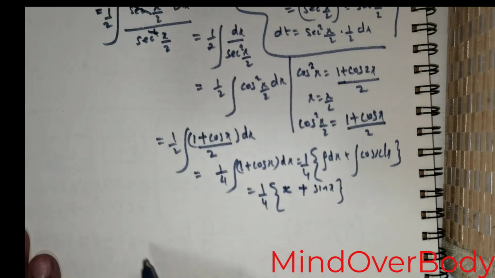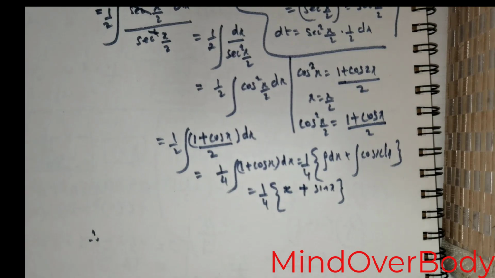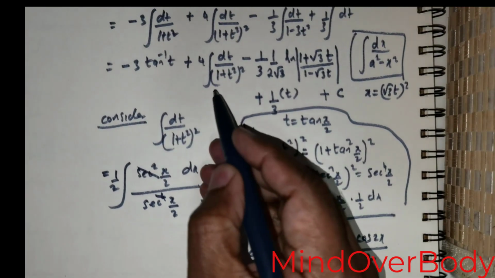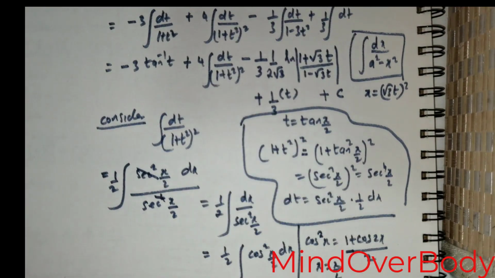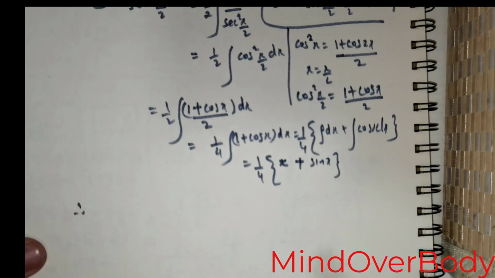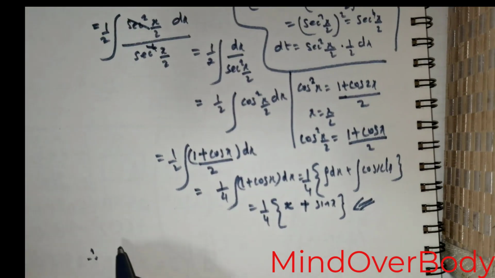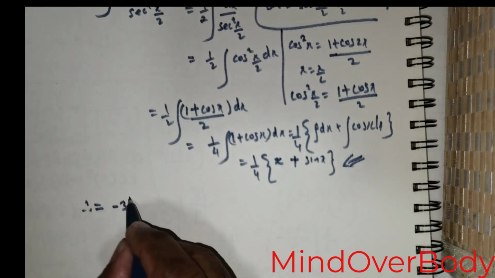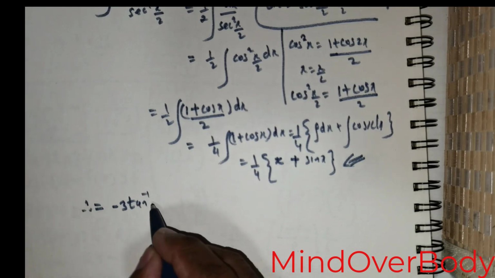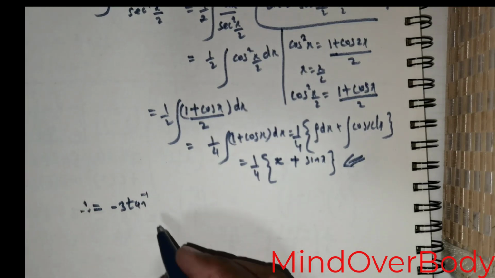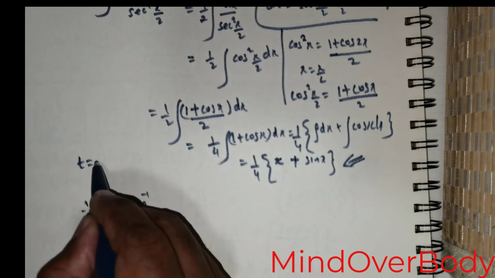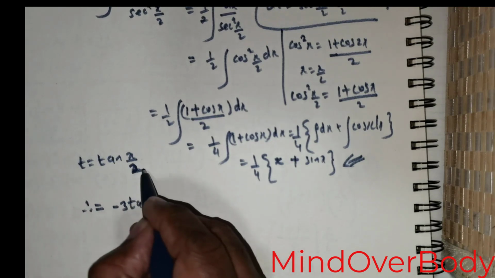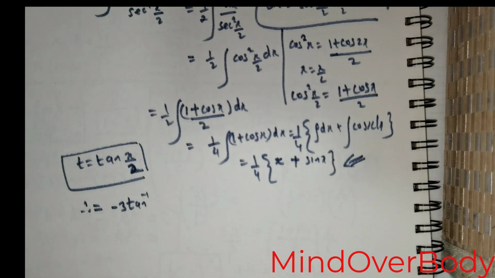So in fact, therefore, my integration term which we started, we were able to consider this integral quantity, and we have arrived at this particular point. So now this is equal to, let me write that down, negative 3 times tan inverse of t, right? So this is where we stopped. Now we know that we have taken t to be tan of x over 2.